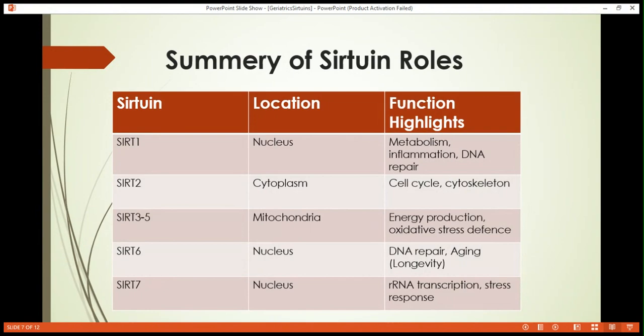And Sirtuin number 6, which is located in the nucleus, helps in DNA repair and aging. And Sirtuin number 7, which is located in the nucleus, helps in RNA transcription and stress response.